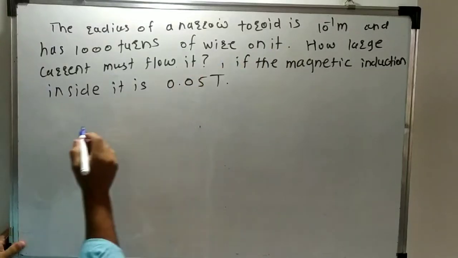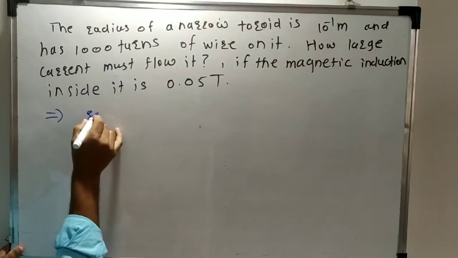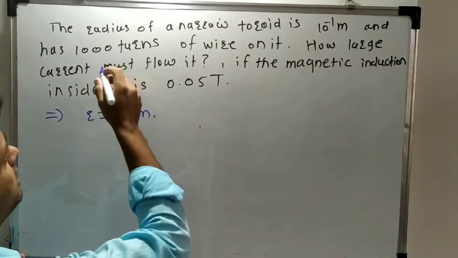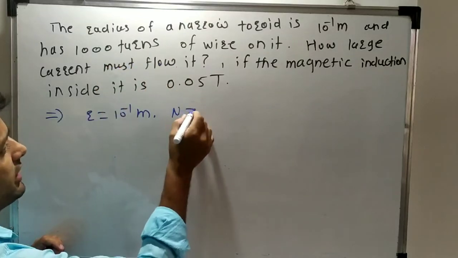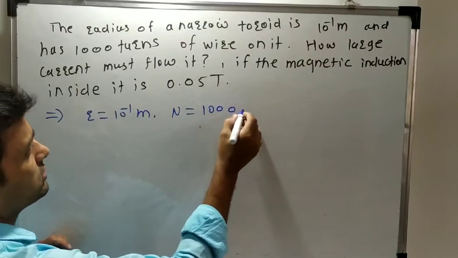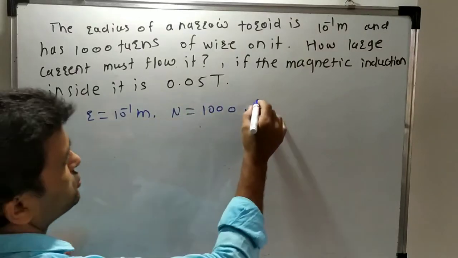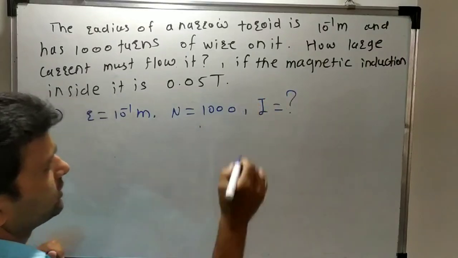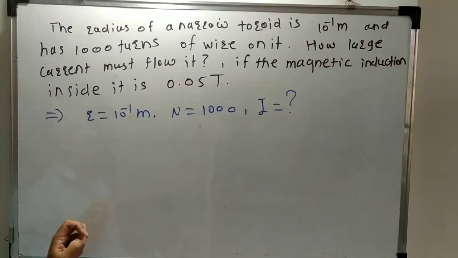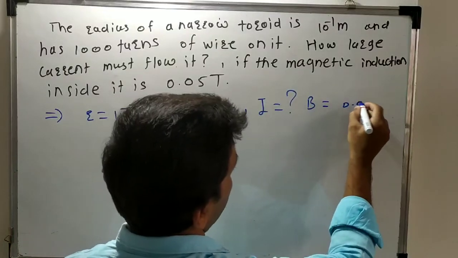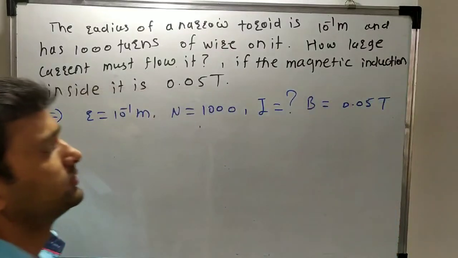Initially the value of radius is given, so r is equal to 10 raised to minus 1 meter. Then the number of turns is given, that is n, 1000 turns. Then how large is the value of current? So what is the value of current? Question mark, if the magnetic induction, that is B, is given as 0.05 Tesla.